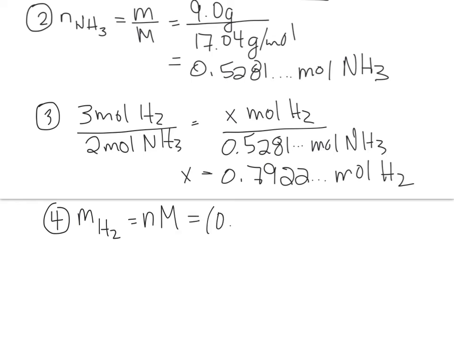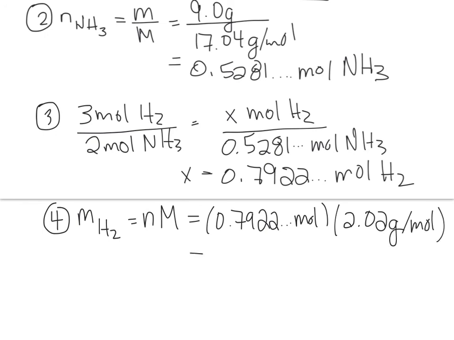So we've got 0.7922 moles of hydrogen, and the molar mass of hydrogen, 2 hydrogens, gives you 2.02 grams per mole, which would give you a mass of, and if we round off to significant digits, we need 2 here, so 1.6 grams of hydrogen is produced.